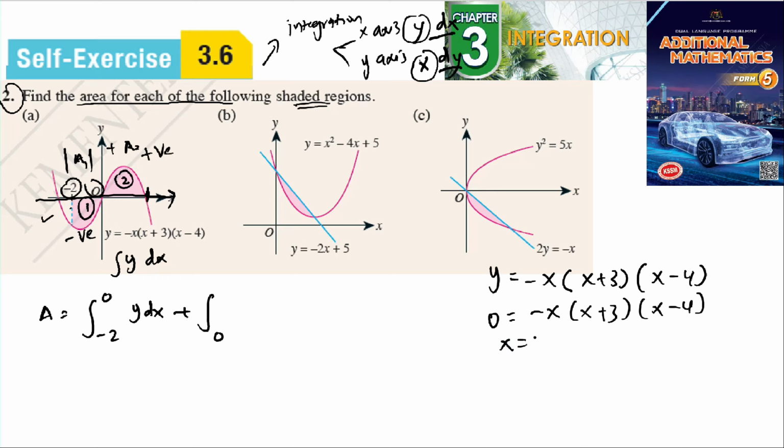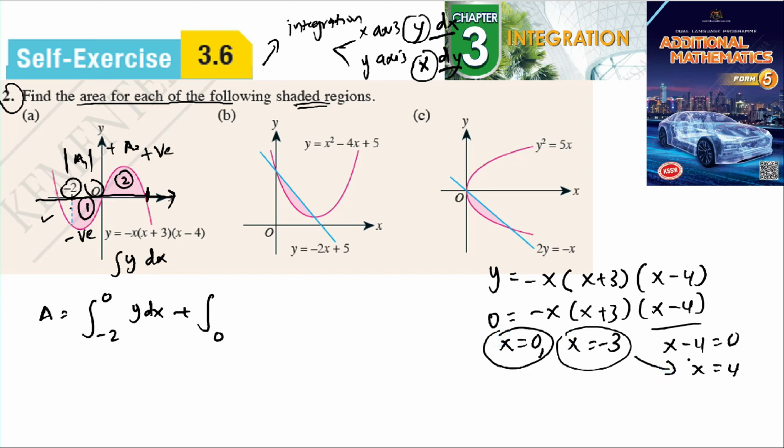So we know x is equal to 0, x is equal to negative 3, and x is equal to 4. So we know that when y is equal to 0, x is at these 3 points. So this one is negative 3, but this value is not needed in our calculation, 0, and this one is obviously 4. So we can say this one is 4, this one is y dx.